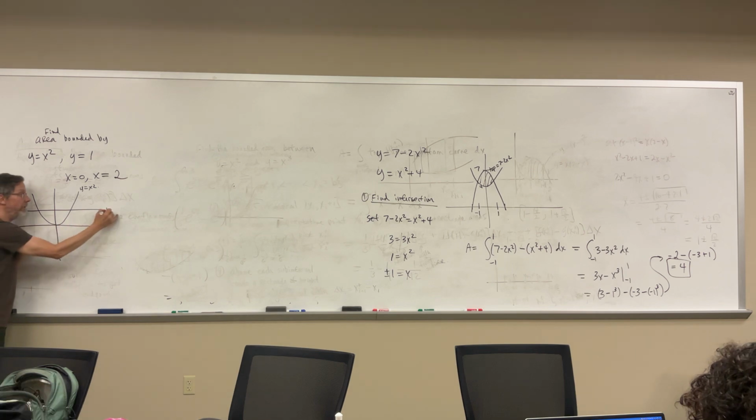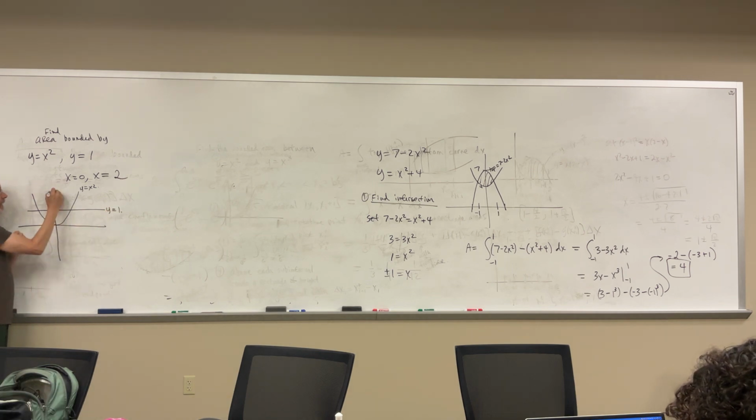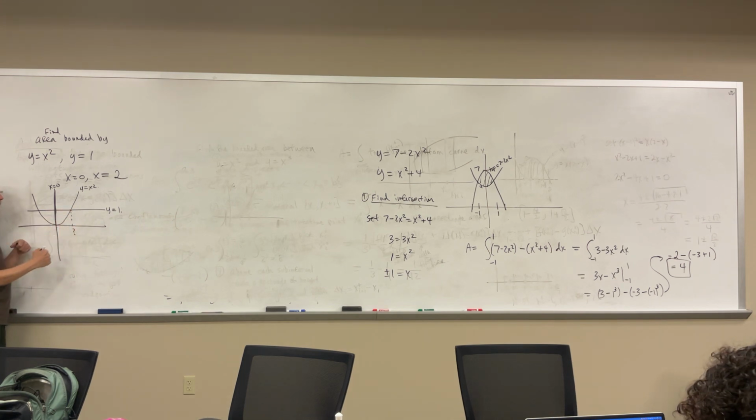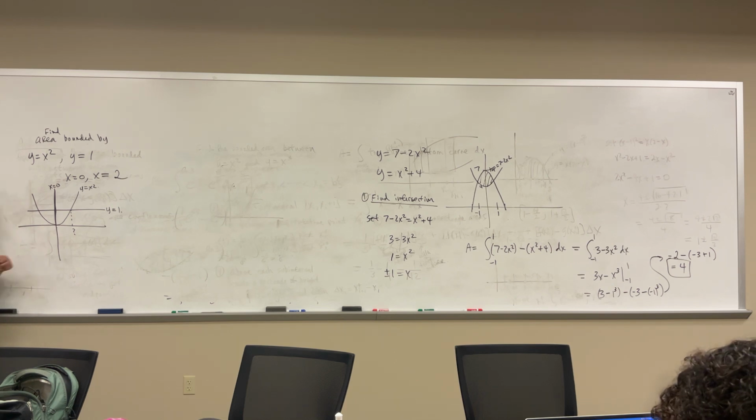Horizontal. x equals 0, aka the y-axis. And x equals 2. What's this point right here? What's the x coordinate of where these two intersect?